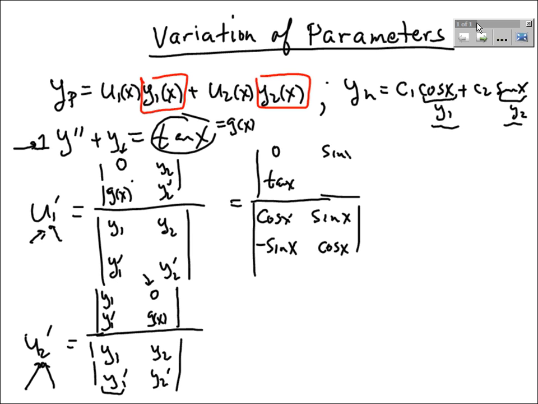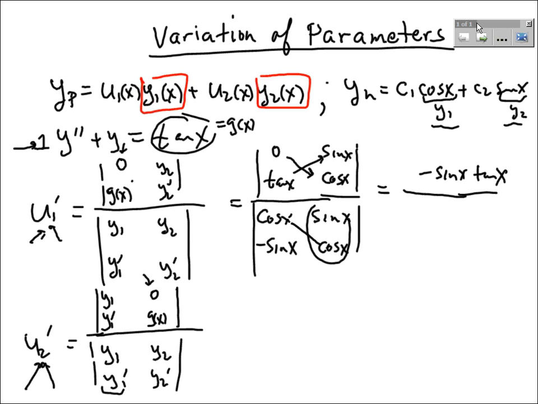Second column is just like it is below. And then you multiply. You multiply that product, which is 0, minus that product, sin x times tan x.